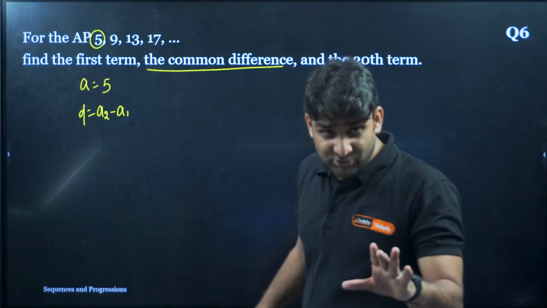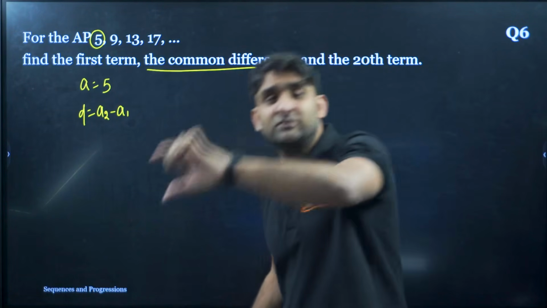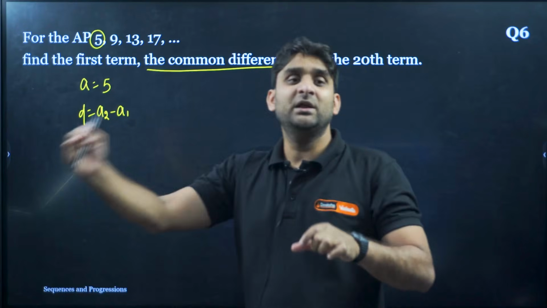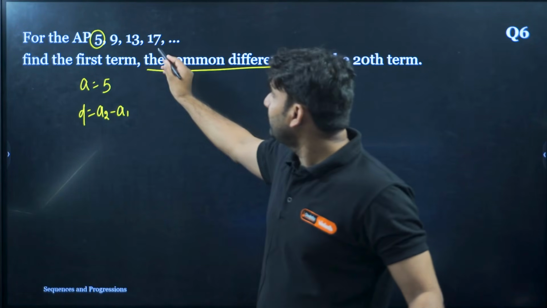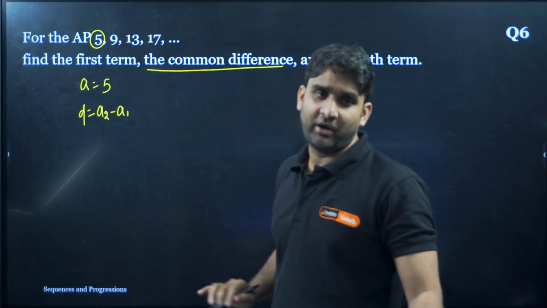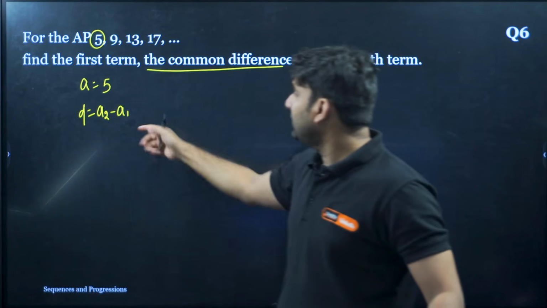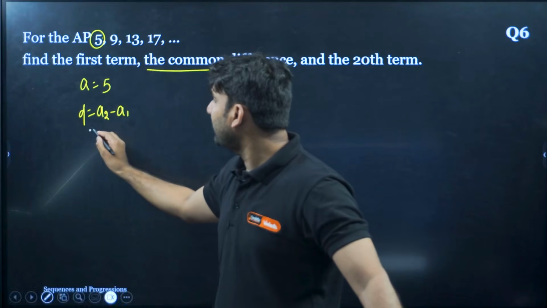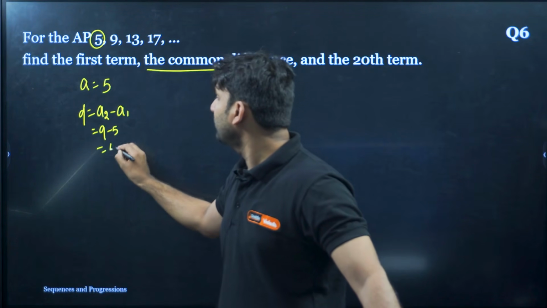But always make sure to take the neighboring numbers. Don't take the numbers by making any gap, like fourth minus first. No. If you are taking fourth term, so third term will be subtracted. If you are taking third term, second term will be subtracted. So what is common difference? A2 minus A1, 9 minus 5, which is equal to 4.